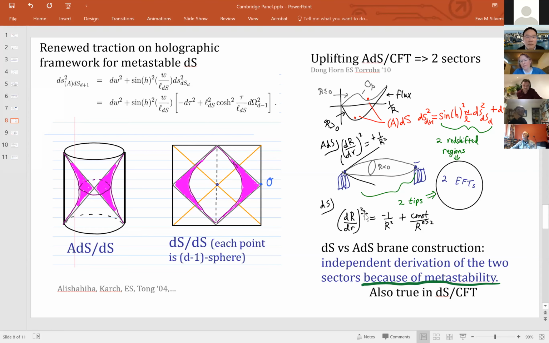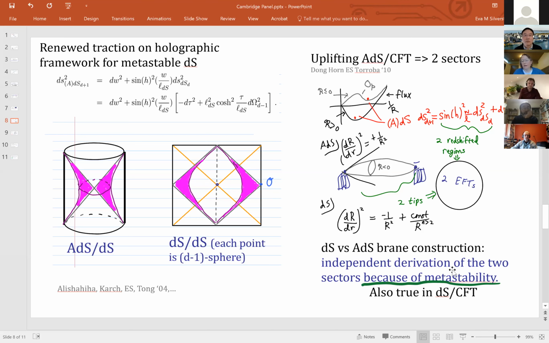What I want to stress is that if you work from the top down with the de Sitter models that we have in their essential metastable structure, you uplift the brane construction of AdS/CFT that you had in the bottom curve here to de Sitter, and just that metastable structure implies that the brane construction consisting of low energy fields on D-branes gets doubled and joined in exactly the way that was predicted from this warped Randall-Sundrum-like description.